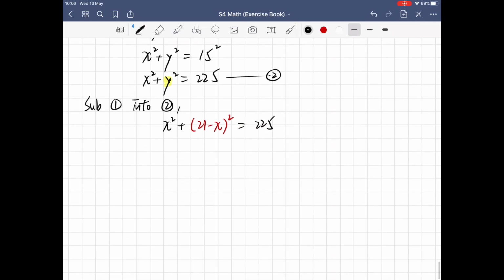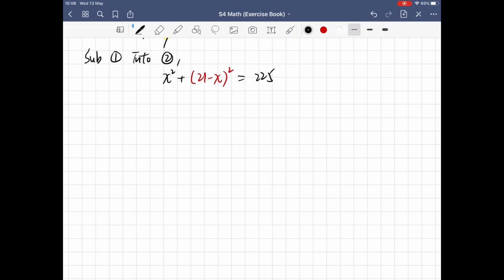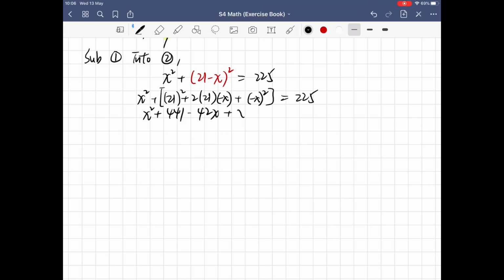Then again, we have to do the expansion, using a squared plus 2ab plus b squared, and we have x squared plus 441 minus 42x plus x squared equals 225.